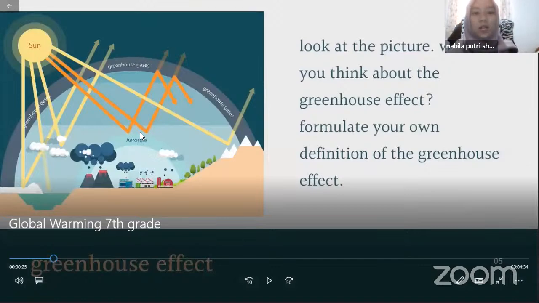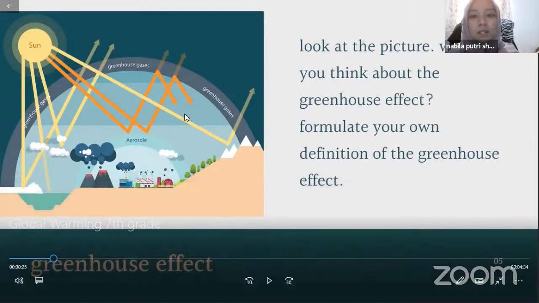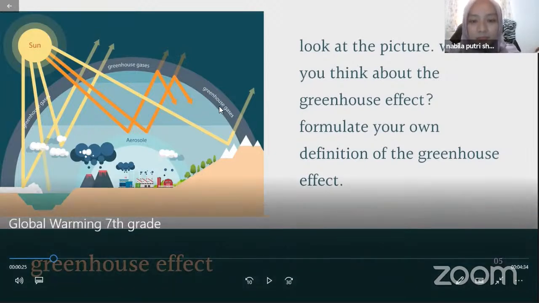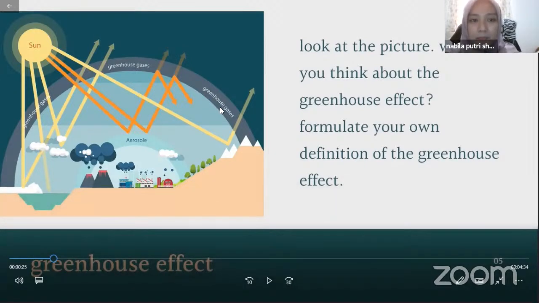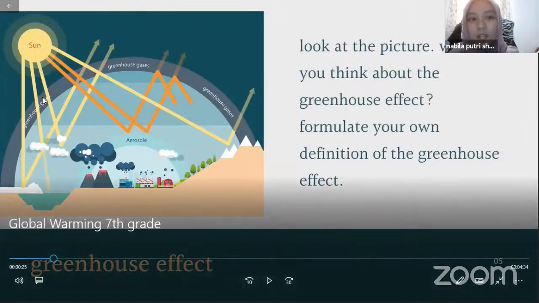The first is, please look at the picture and think about what the greenhouse effect is, and formulate your own definition of the greenhouse effect. Do you know what the greenhouse effect is? Who knows the greenhouse effect? From this picture, you can formulate your own definition.